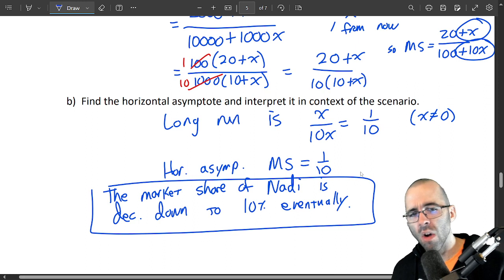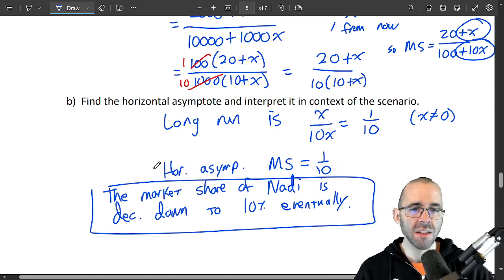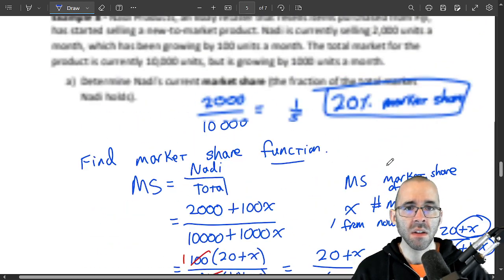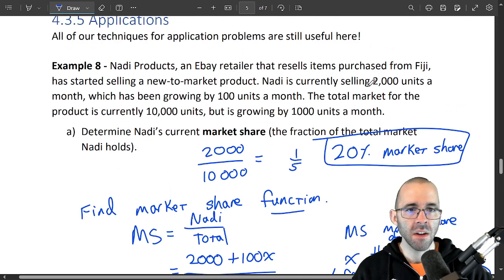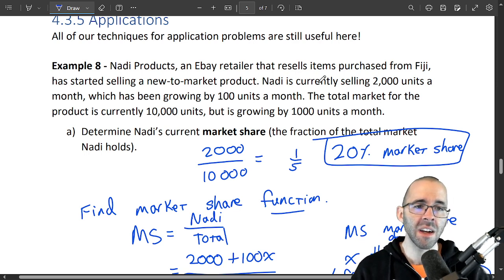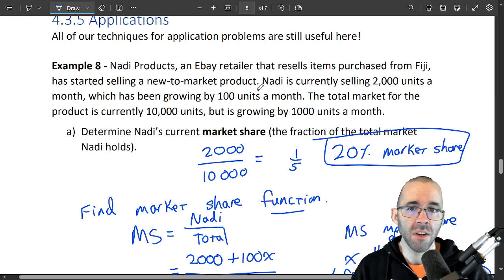So even though Naughty is growing, right? The number of products that Naughty is selling is growing. It's 2,000 right now. It's growing by 100 units every month. But the total market's just growing faster. So they're losing market share right now, even though their own size is growing.